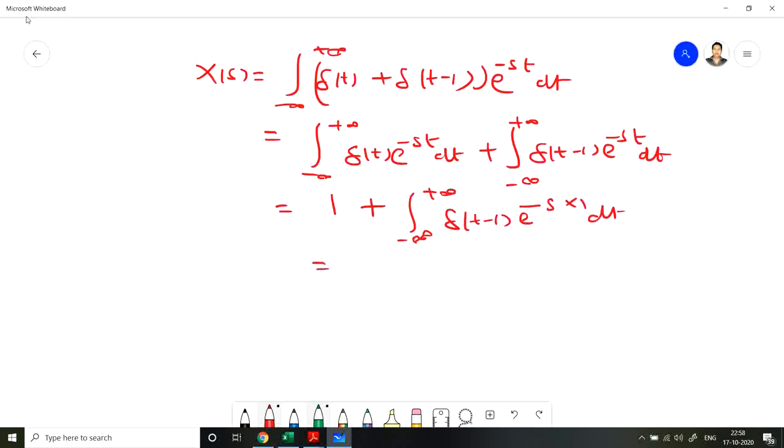So it is 1 plus e raised to the power minus s.